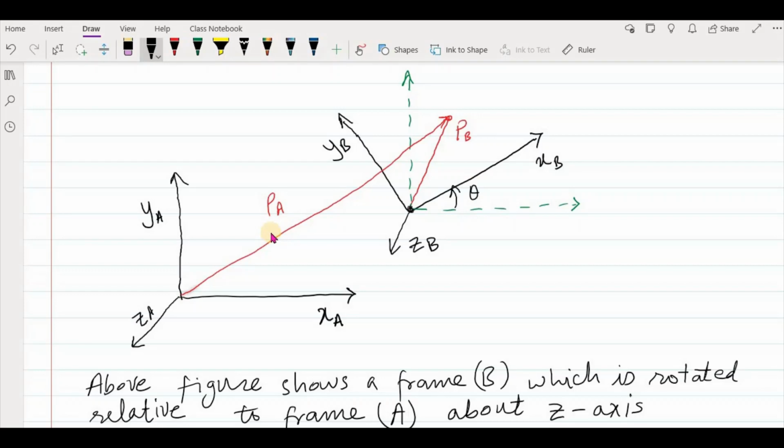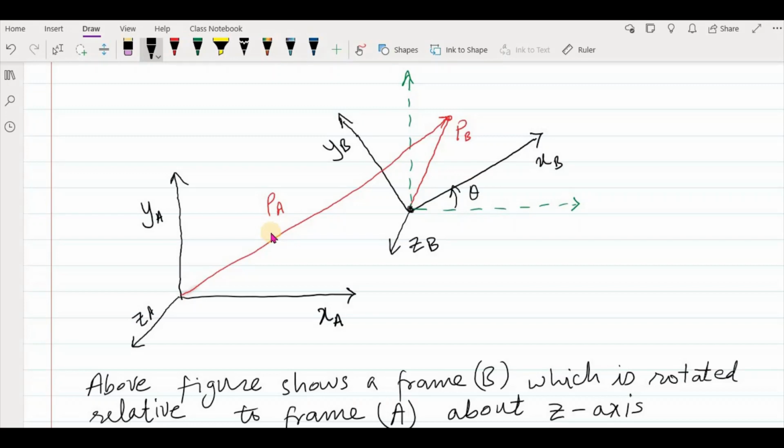So the rotation of this frame B is about the z-axis. This is the right-hand rule. The right-hand rule says that if your thumb is along the axis of rotation, which is your z-axis, then your right-hand fingers will point toward the rotation.